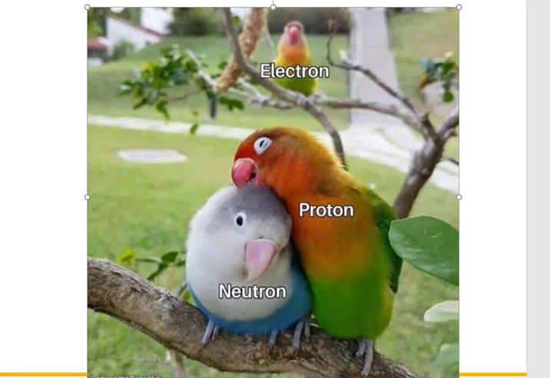One of the things students usually ask me is, well, then why can't we walk through walls? Well, the problem is the electrons are the things that are on the outside of the atom, and they repel other electrons.